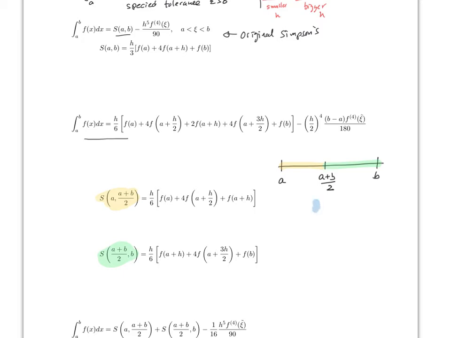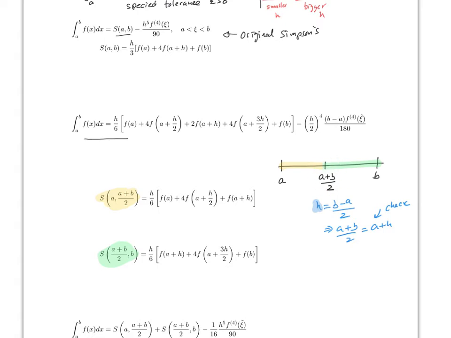Recall that h is equal to (b minus a) over 2, so therefore (a plus b) over 2 should give you a plus h, so you should check this. So that's why this is technically evaluated at this point.